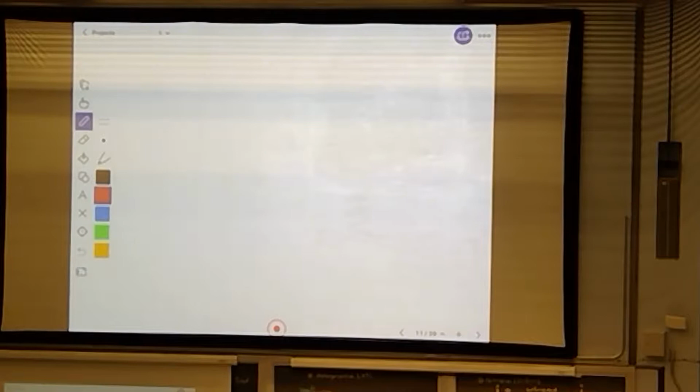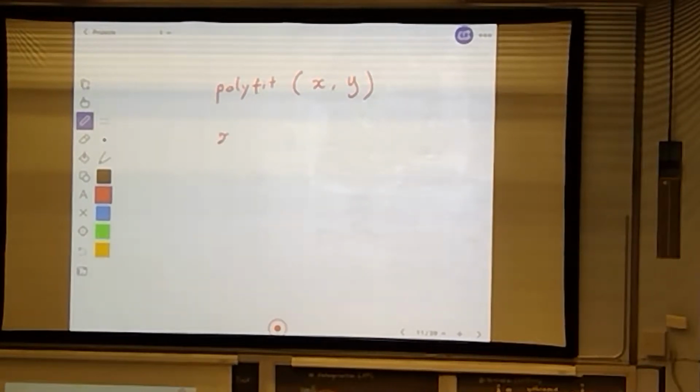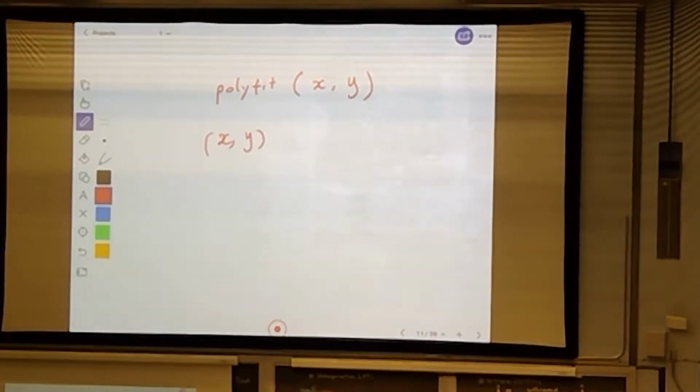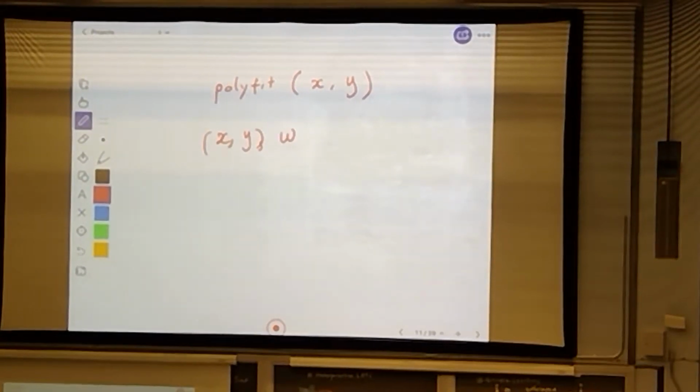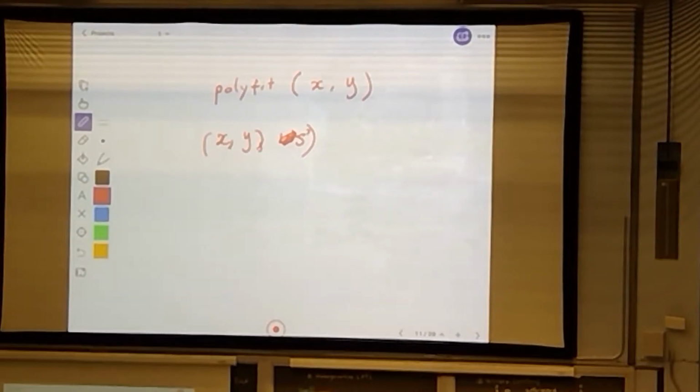Let's say even polynomial regression. You call a function. Actually, it's a real function in MATLAB, polyfit. And this will take x and y, right? Your points. Now you have your problem x, y, and you are given the weights, or just to be consistent, let me make it s squared.